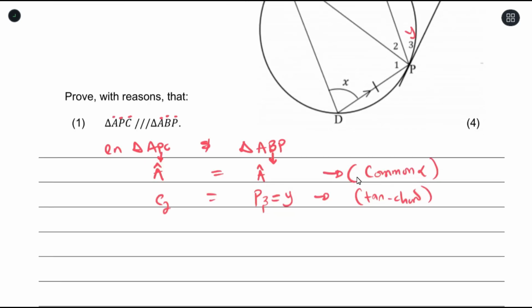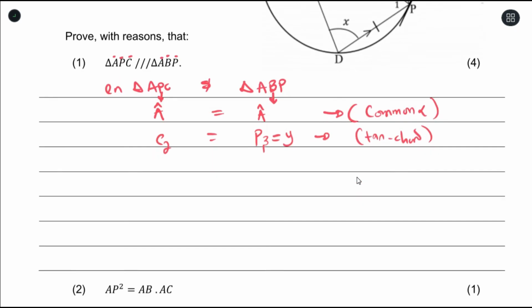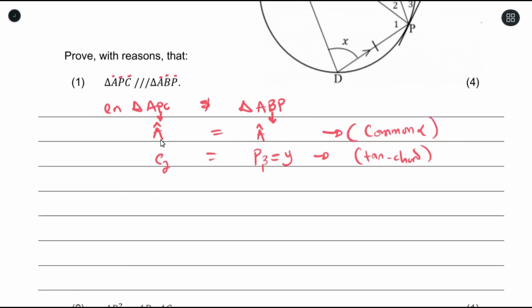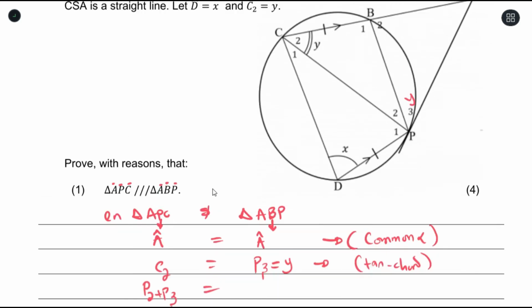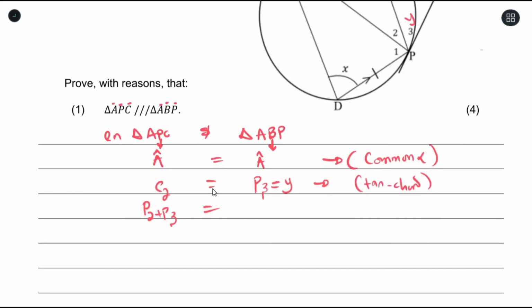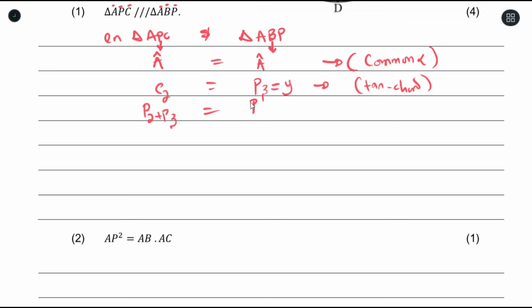Now finally, because we've proven two angles in a triangle, which normally adds up to 180, we understand that the third angle would always be equal, right? So the last angle we have here is going to be P2 plus P3 is equals to angle B. Angle B is angle B2, yeah? B2 is equals to B2.